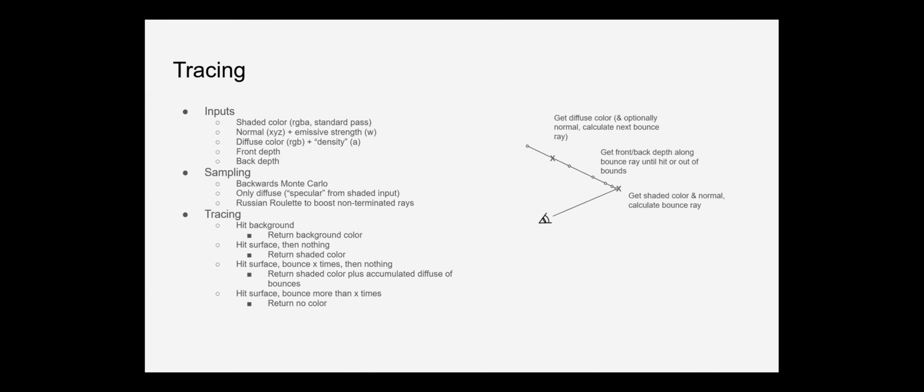But if it hits another surface, then it accumulates the diffuse from there, and any emissive that may be there, and then just keeps on bouncing a number of times depending on the parameter. Then it either hits nothing, so we can return the color, or the ray just gets stuck, and we don't do anything with it.